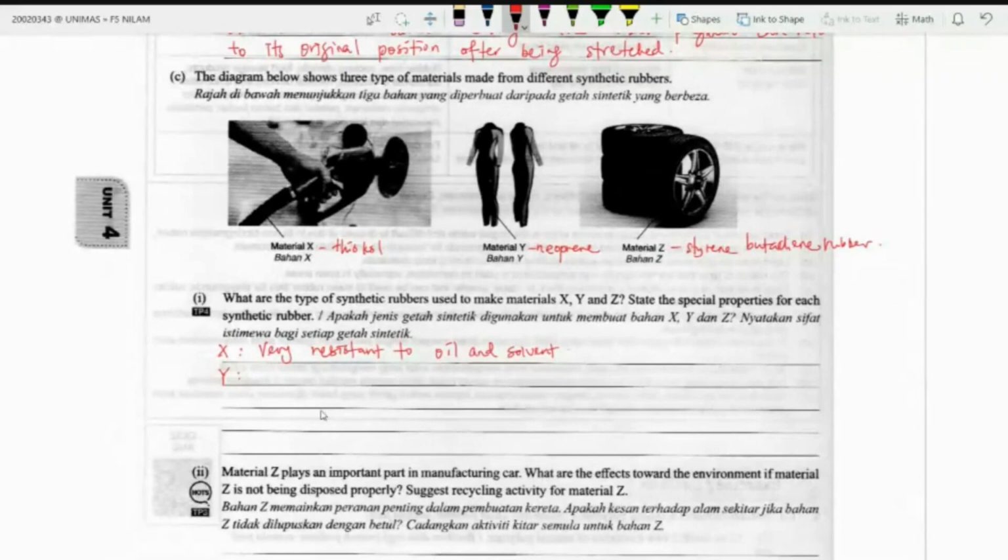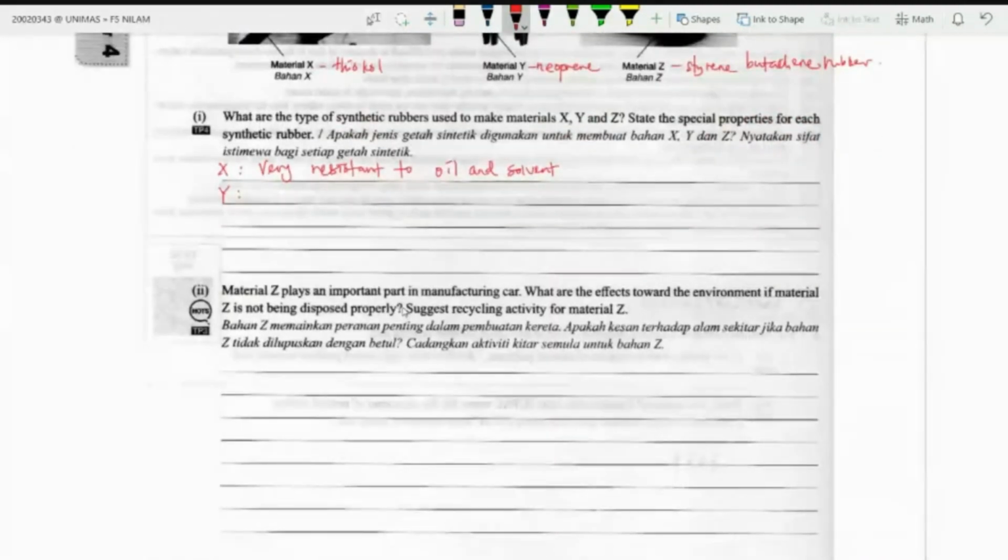What is the property you get for material Z? Kevin. High heat resistant and abrasion resistant. Very good, Winnie. You can write down. So there are three synthetic rubbers here. They have special properties.